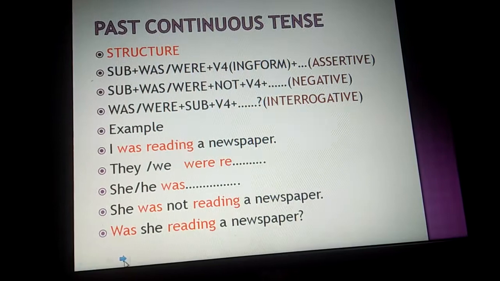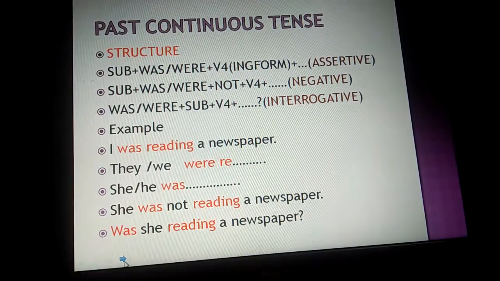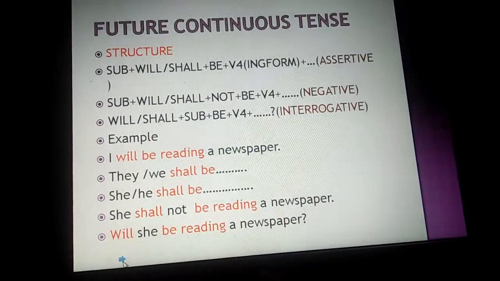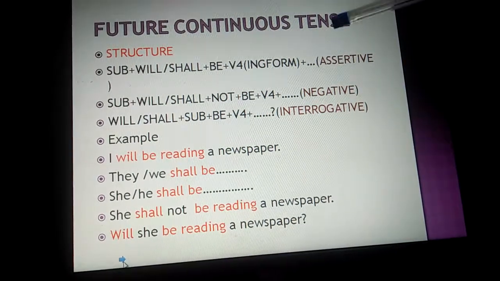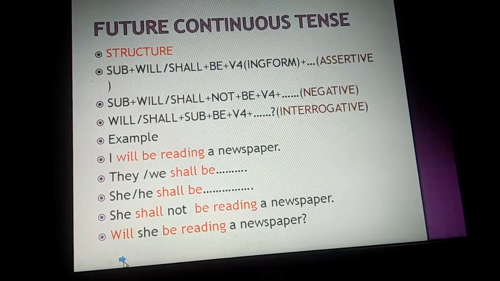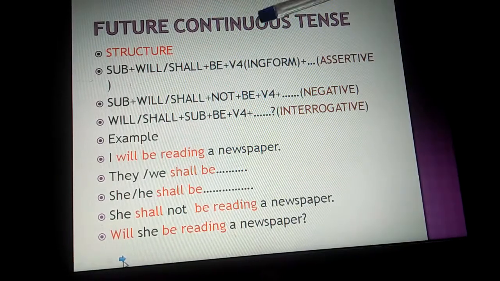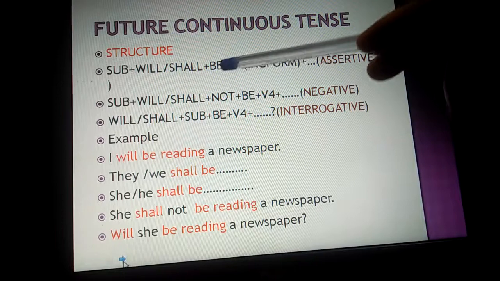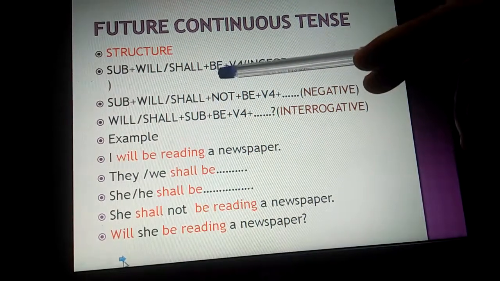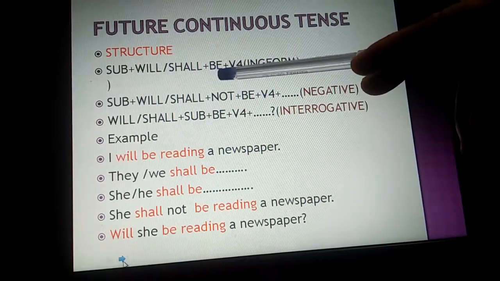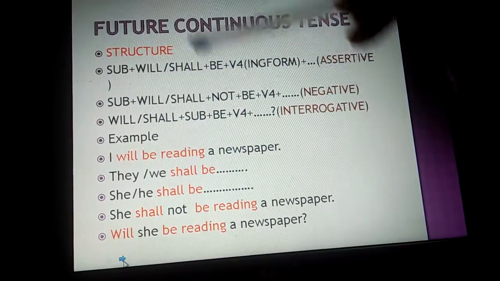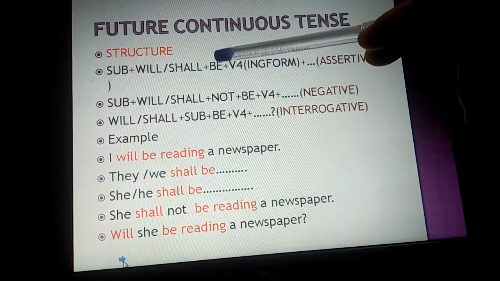Then we have next, the future continuous tense. What do we do? The structure: it will always take will or shall followed by be, because we cannot add any other helping verb here.